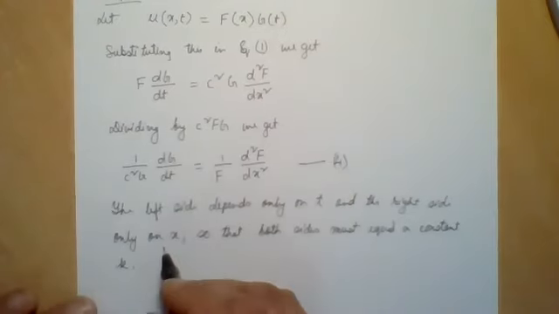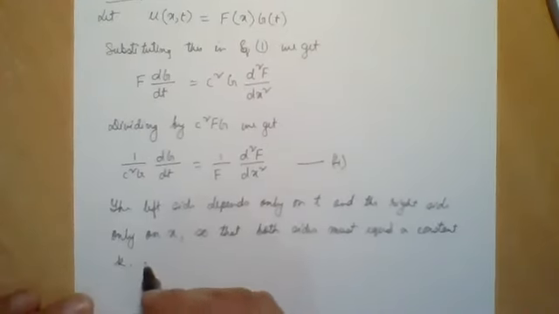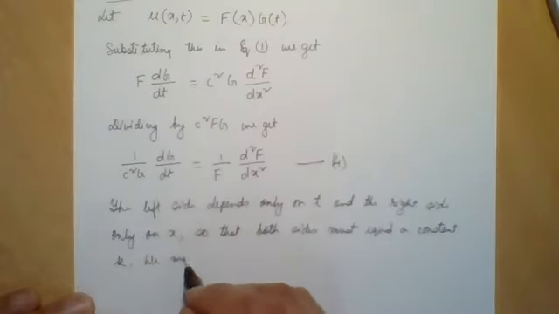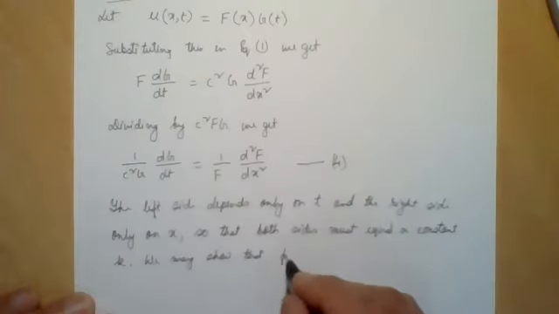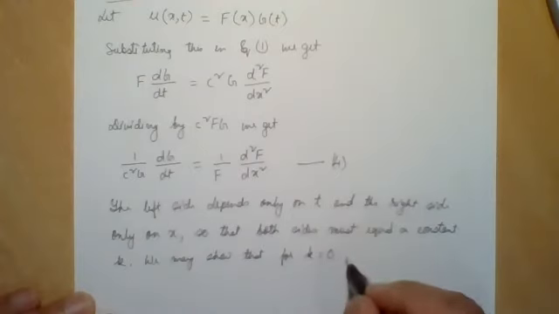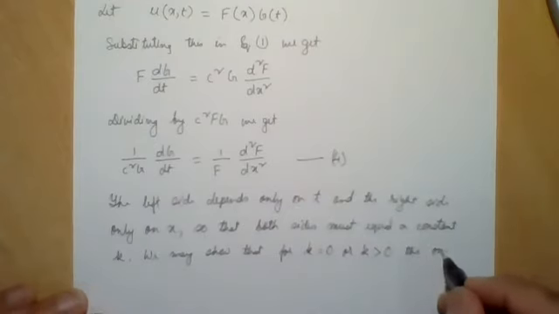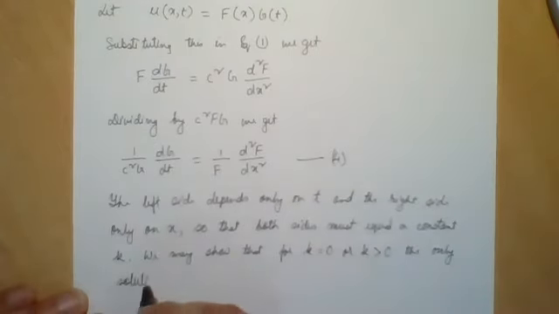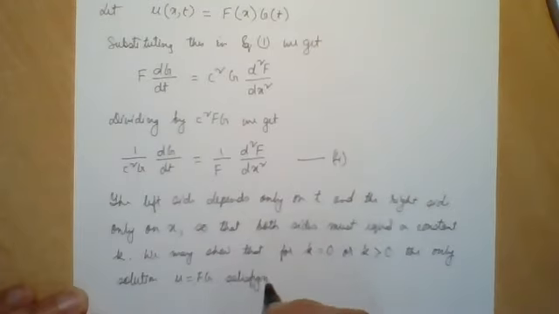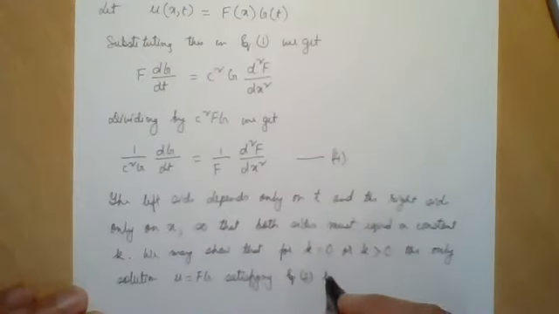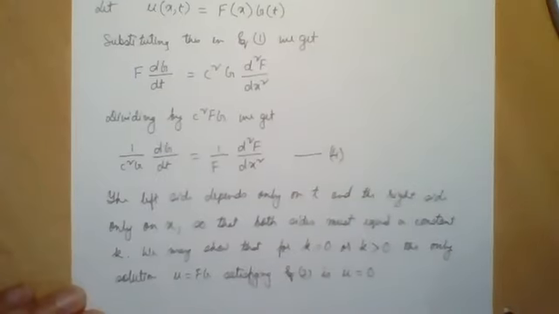Okay, so let me write it here. We may show that for k equal to 0 or k a positive number, the only solution u equal to fg satisfying the boundary conditions, equation 2, is the trivial solution u equal to 0.